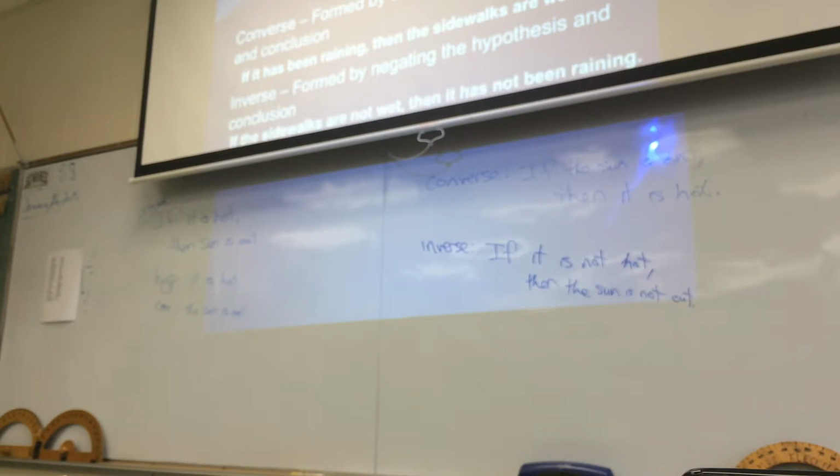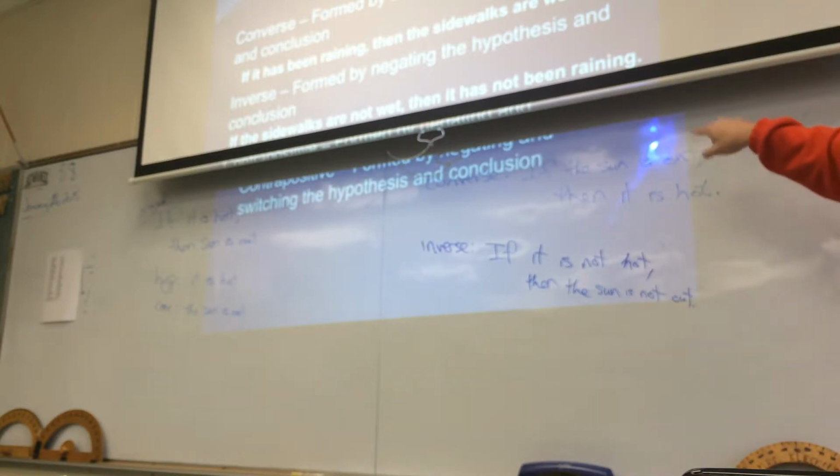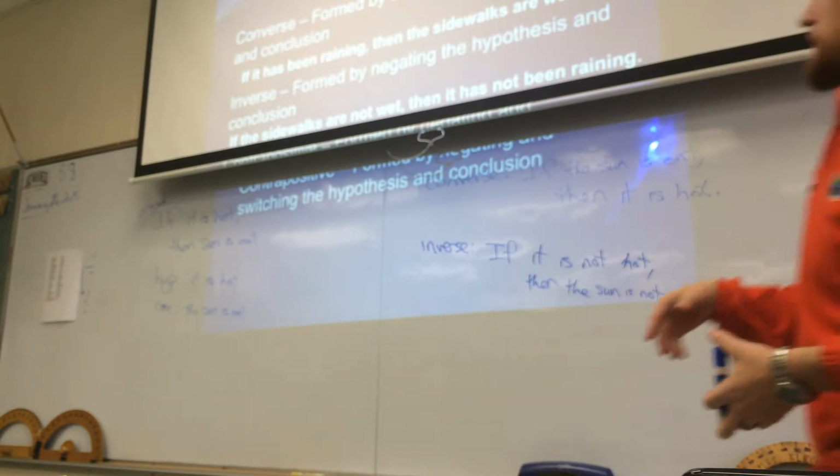Okay. All right. The last one, the contrapositive, is just a combination of those two. So it means I'm going to take my original, I'm going to reverse the positions of the hypothesis and conclusion, and then I'll negate it. So it's like the negation of the converse, which we already have up there. I've already got the converse there. So if I took this one and negated it, then we'd be fine.